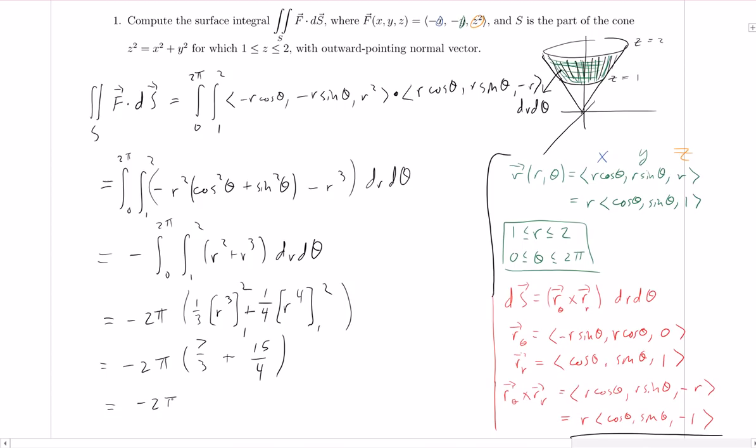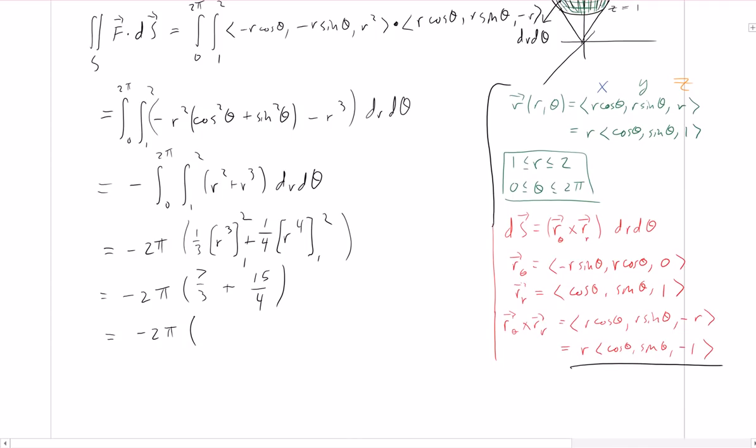And let's see, what do we get if we combine these fractions? Common denominator here will be 12. So 7 times 4 is 28, and 15 times 3 is 45. 2 over 12 is 1/6. And 28 plus 45 is, what, 60 plus 13 is 73. So our final answer is minus 73 over 6 times pi.